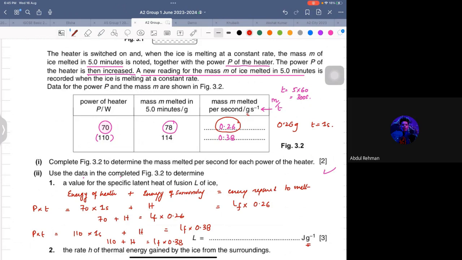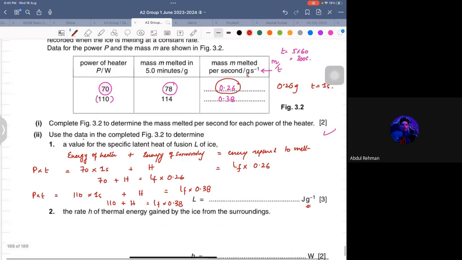The next thing we're going to do is subtract these two equations. I don't have much space in these topicals that are made. They're basically shrunk, that's why we don't have much space, but it's all right. We can do it in the other section. So the equations that we are left with are 70 plus H equals 0.26 LF, and 110 plus H equals 0.38 LF.